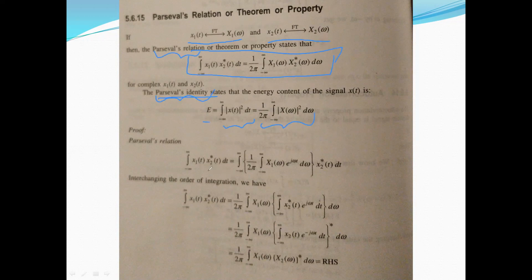For Parseval's relation, the proof is done by first writing x1 t as the inverse Fourier transform formula.